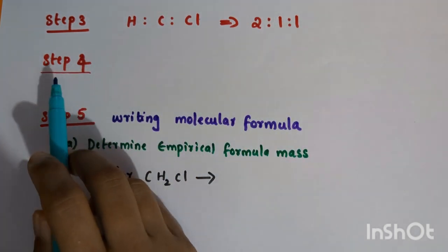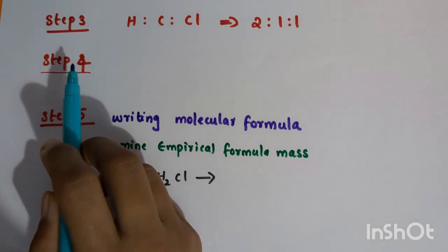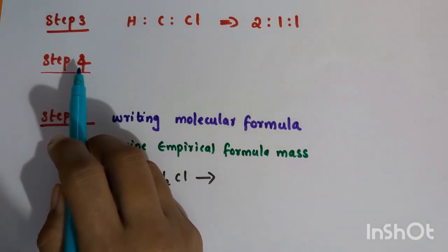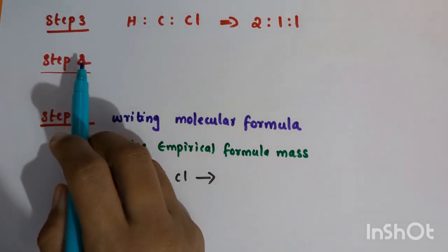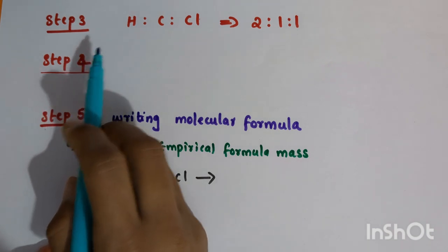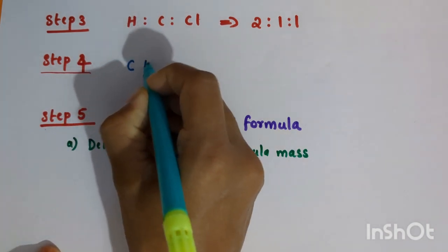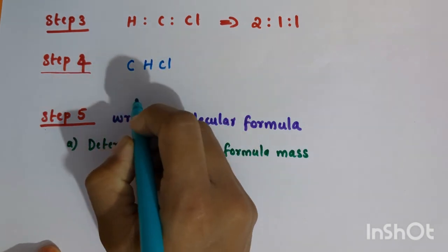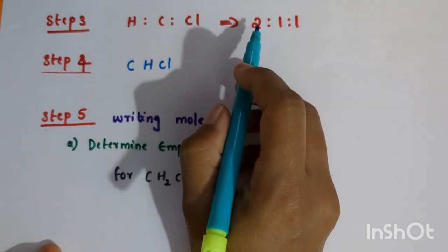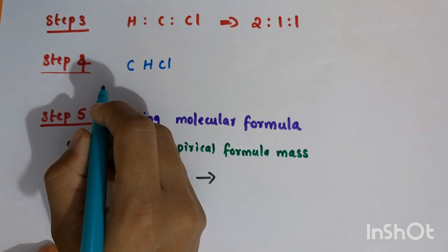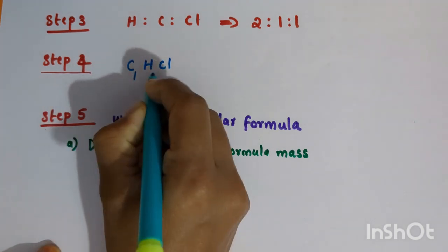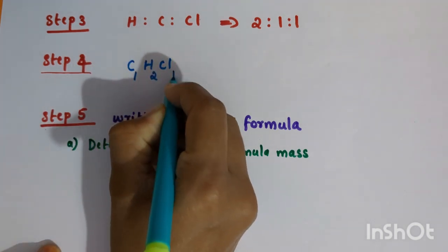Now in the fourth step, we want to write down the empirical formula by writing the symbols of the respective elements and mentioning the numbers. So you see, in the compound we have carbon, hydrogen and chlorine. Now you see their ratio 2:1:1. So for carbon 1, for hydrogen 2, for chlorine 1.